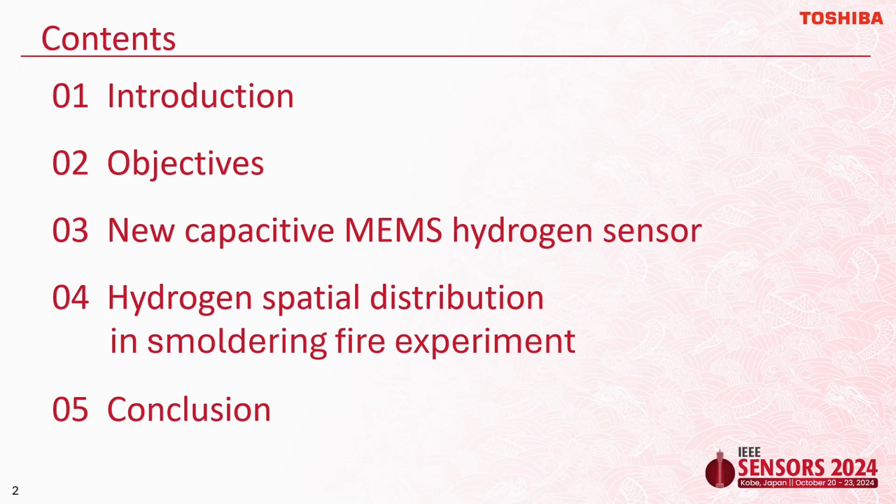Following the objectives of this study, I will explain the new capacitive MEMS hydrogen sensor that we propose. I will then explain the experiment investigating the spatial distribution of hydrogen in smoldering fire. I will conclude with a summary of my talk.